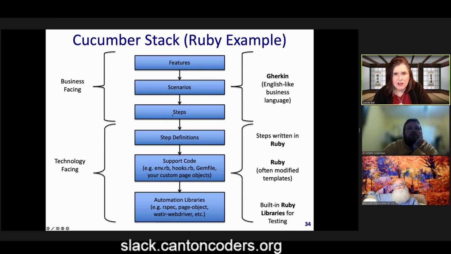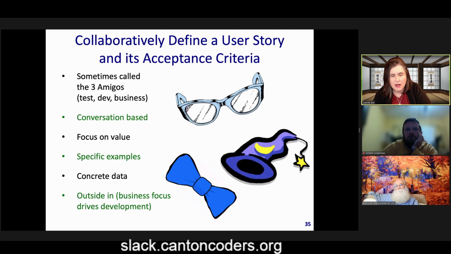On the technology side, we have our step definitions written in whatever programming language you're using. It'll have a bunch of support code also written in that language. A number of things will be automatic, and some automation libraries will be used. The Gherkin part will remain the same regardless. And that's the last part we'll talk about technology for the most part.